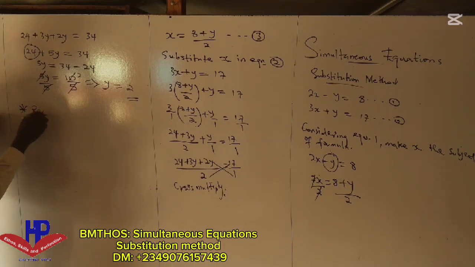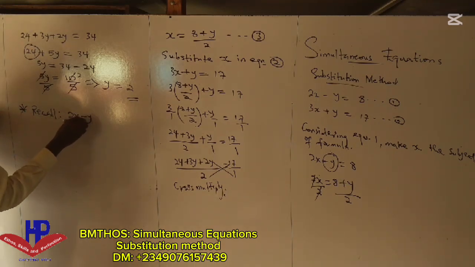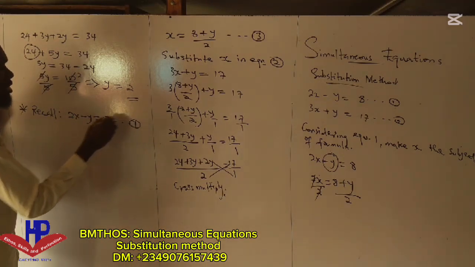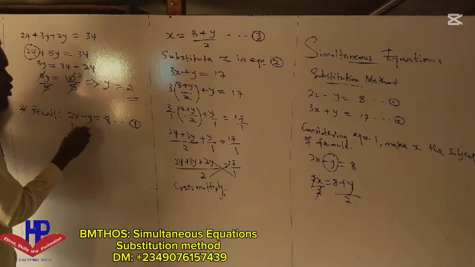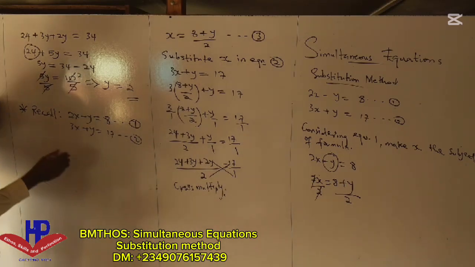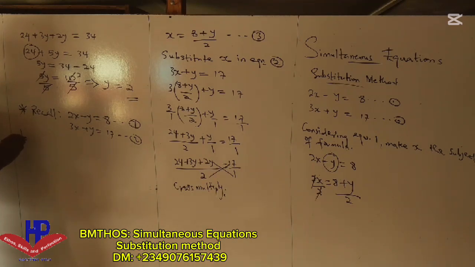Recall our equation. We have 2x minus y is equal to 8, equation 1, and 3x plus y is equal to 17, equation 2. Let's consider equation 2 this time around.